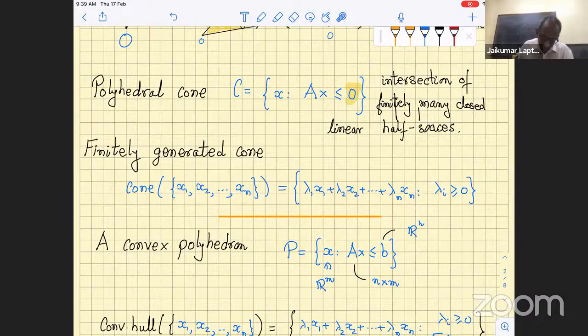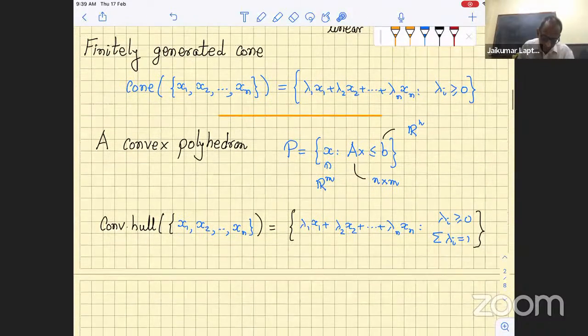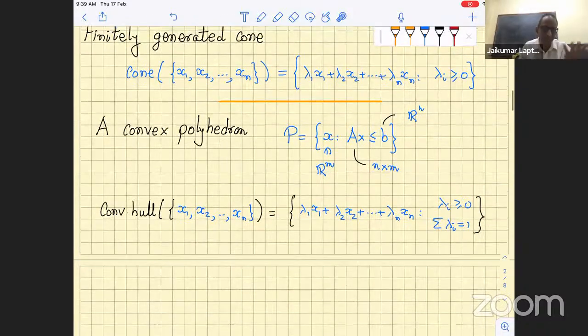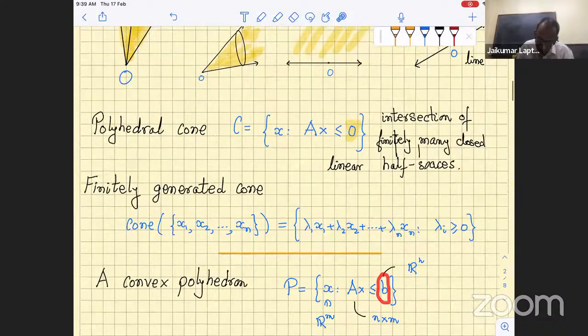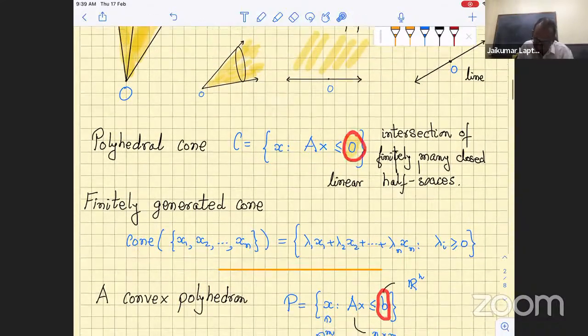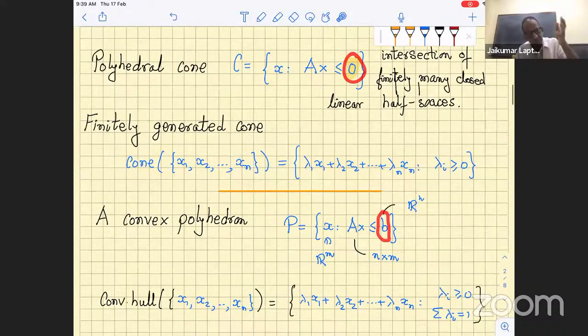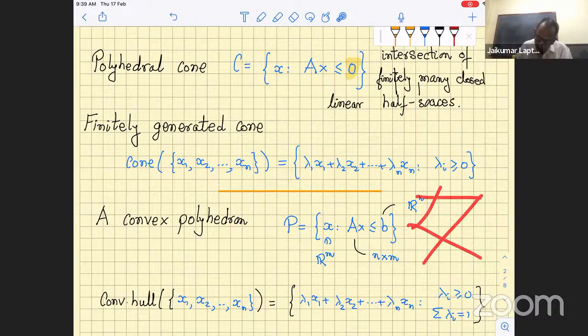And there is a related object which we will discuss and which probably is more familiar to you. The right hand side here, instead of being 0, is some vector which can be positive, negative. So then the solution here becomes a polyhedron. The half spaces don't necessarily pass through the origin, and then it becomes a polyhedron.